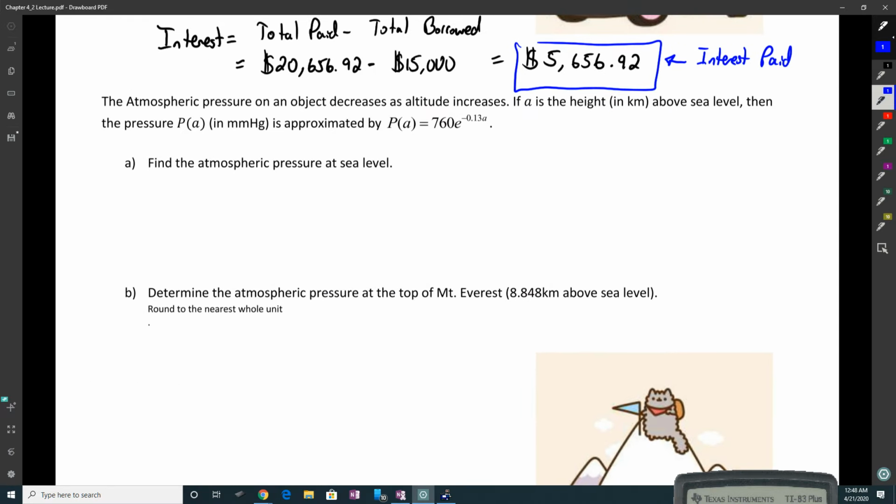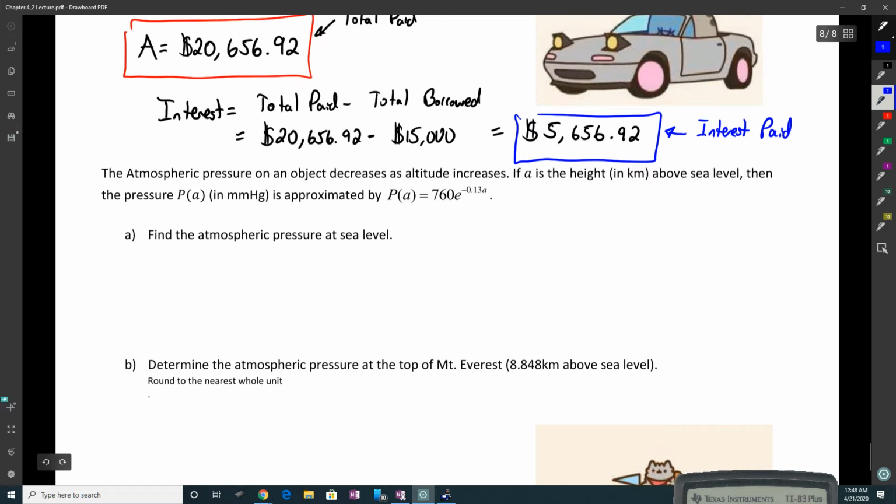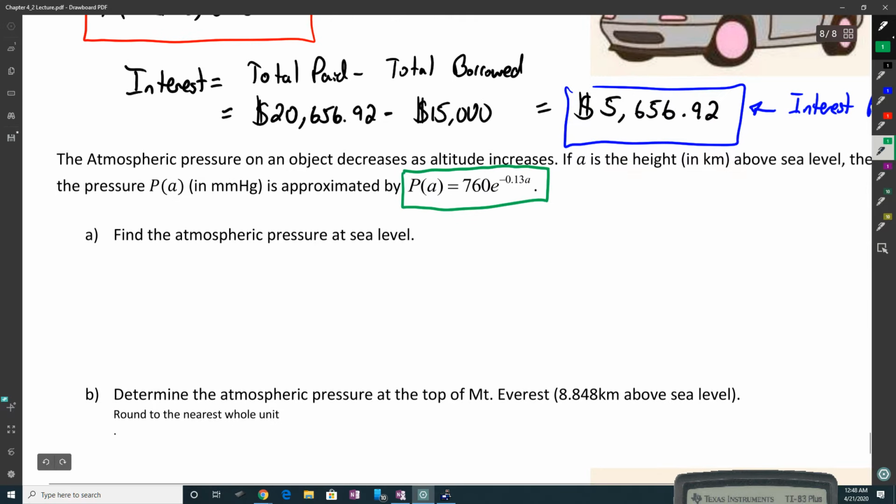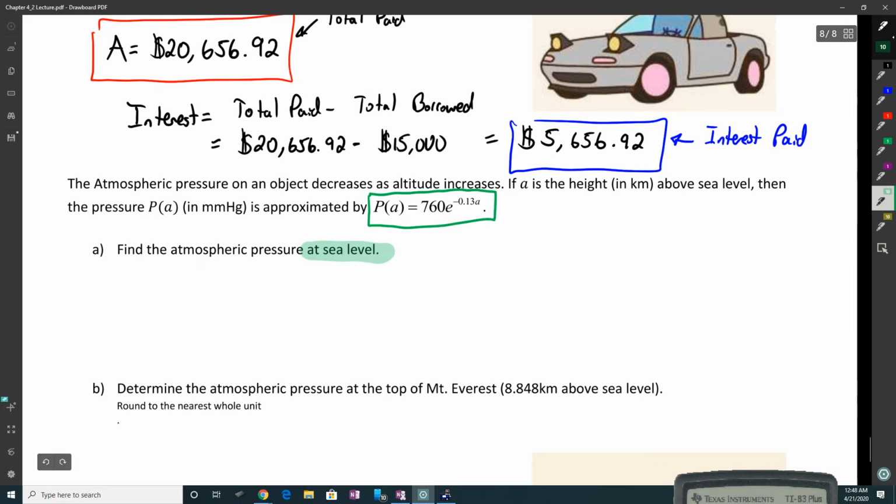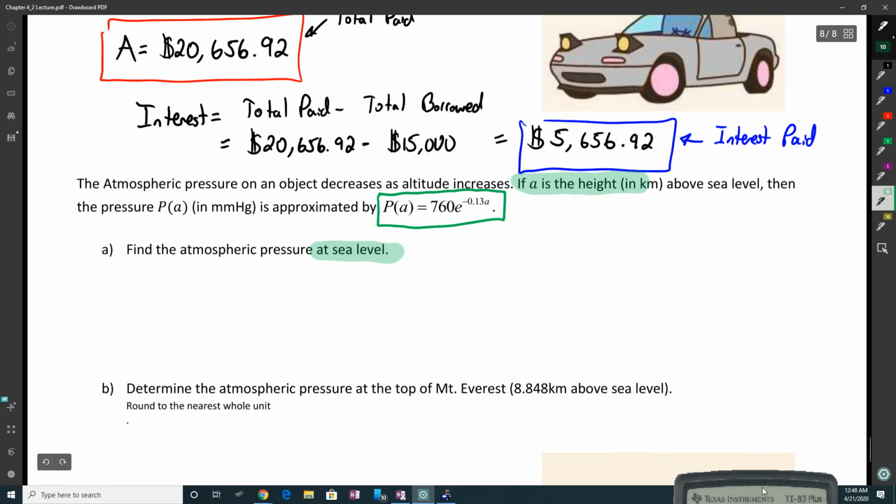The atmospheric pressure on an object decreases, blah, blah, blah. If A is the height, blah, blah, blah, then the pressure. And so they give me the equation. There's a lot of fluff in this word problem, but all we need to care about is that formula. And they say find the atmospheric pressure at sea level. So notice A is the height above sea level.